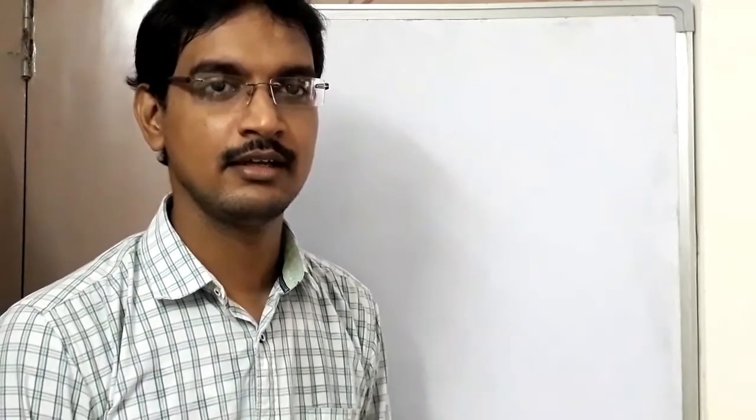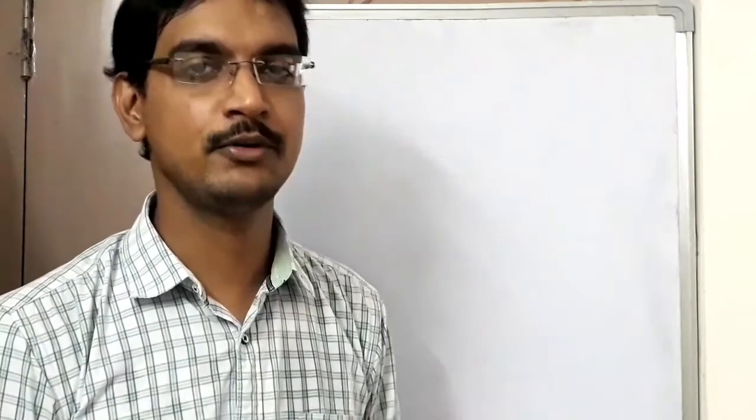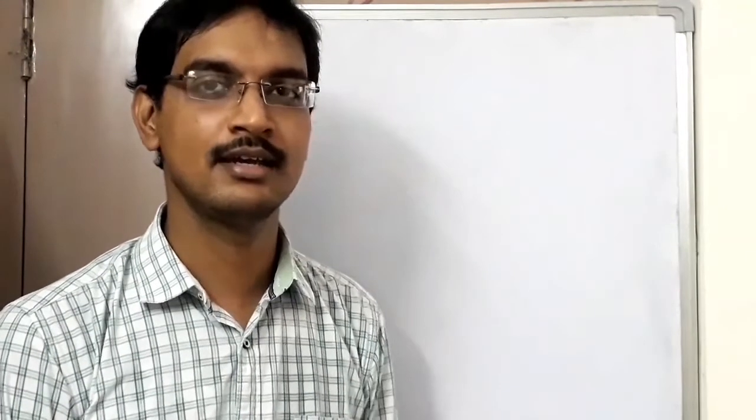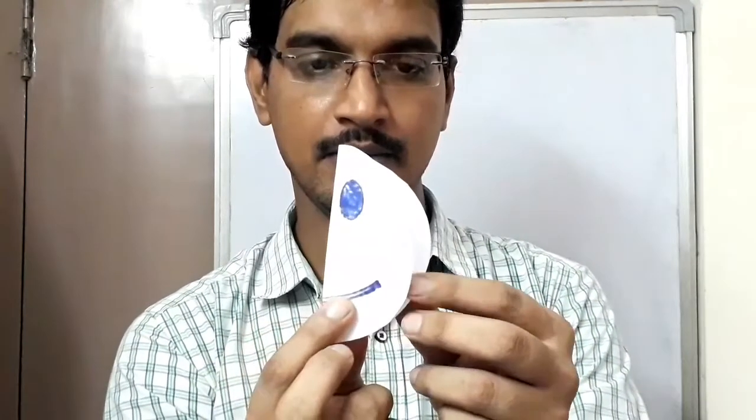As we are done with our previous chapter, that is Roman numerals, today we are going to start a new chapter. Before actually going to the topic, I want to show you something. I'm carrying a smiley with me. I want to flip this from this side to the other, exactly in the middle.